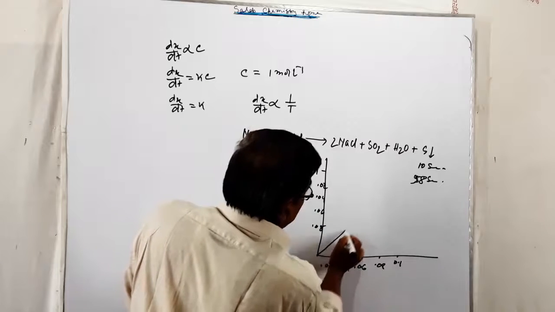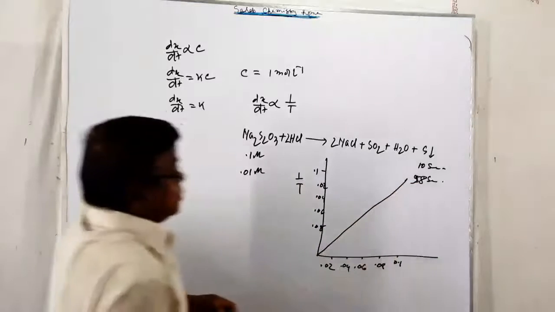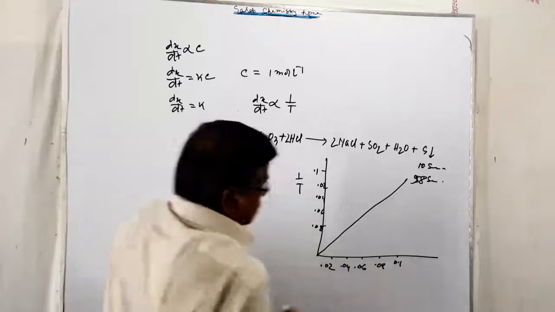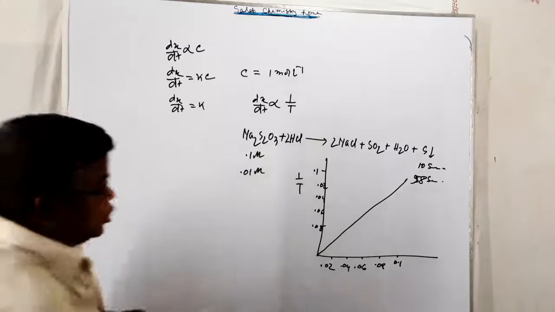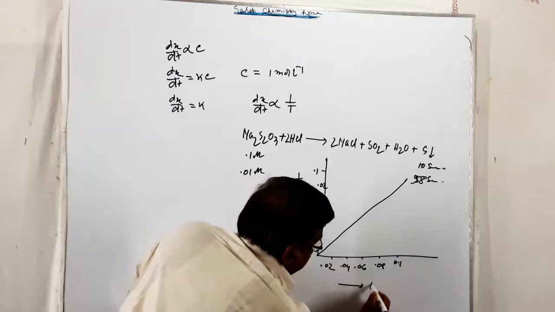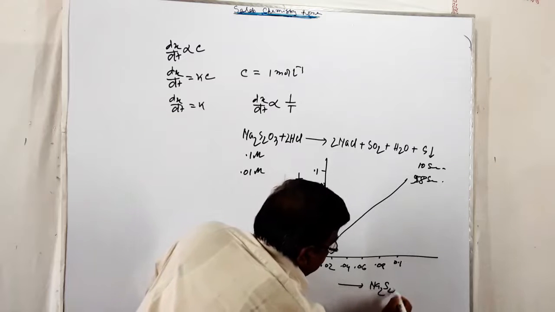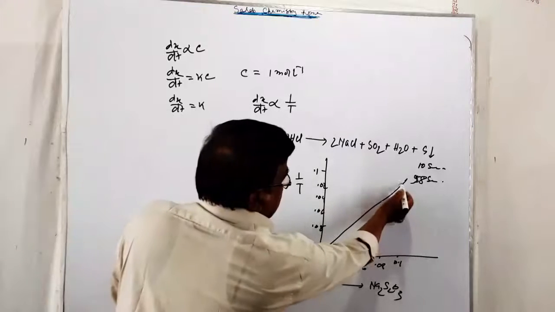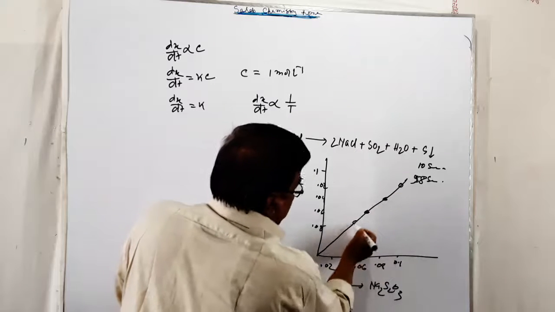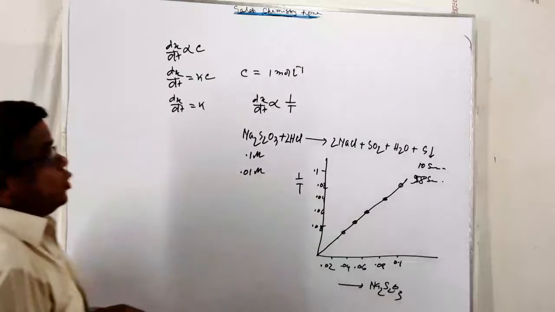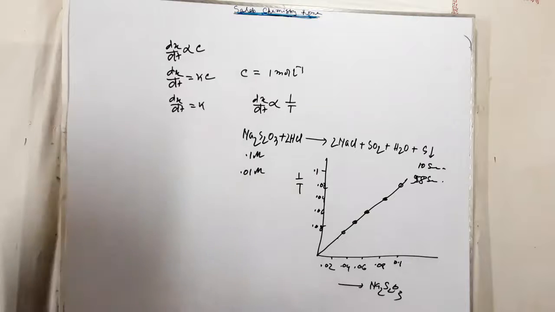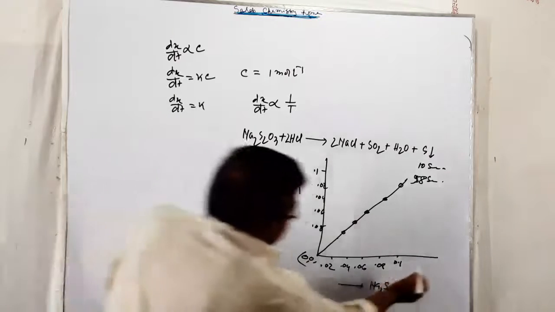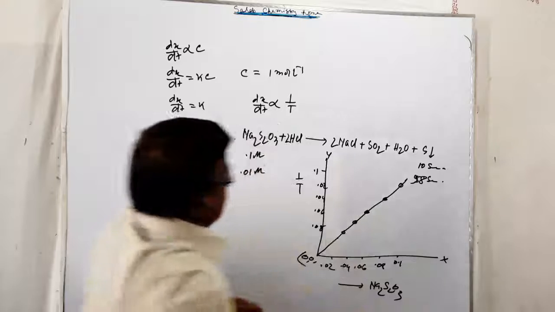That is, the rate of the reaction also decreases as the concentration decreases. At the increase of concentration of sodium thiosulfate, the rate of the reaction also increases, and this shows a straight line passing through the origin of the x and y graph.